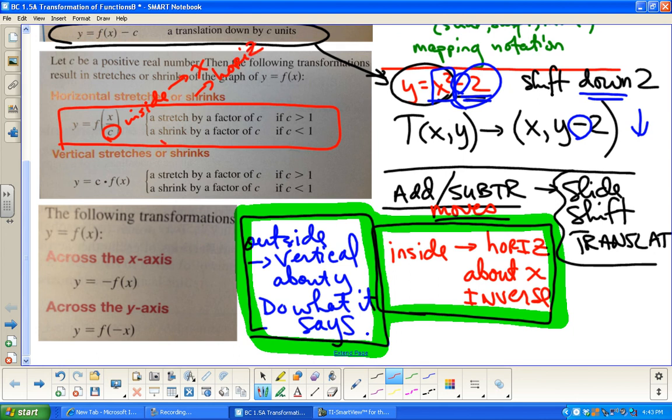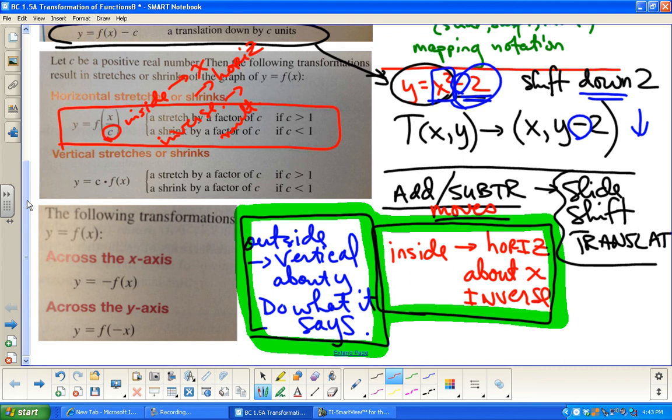Inside is also inverse. So that means that if I divide by something inside this function, the effect would be to multiply in the x direction. So if I'm dividing inside that function by, let's say, 3, I'm going to, on the graph, multiply by 3. Okay, and we'll talk about some mapping notation that'll work for that as well.